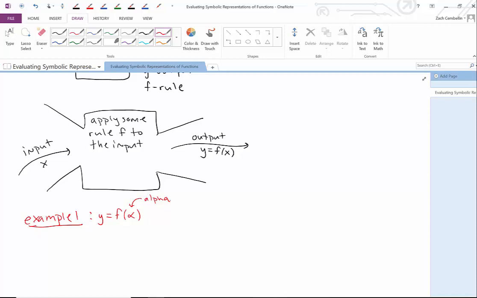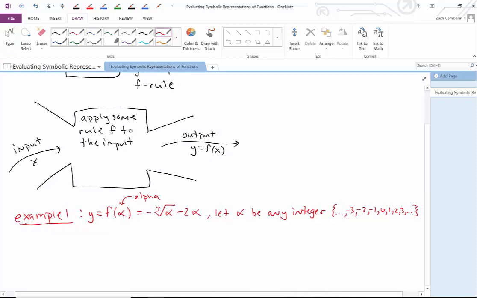Let's let this function be, how about the negative cube root of alpha minus 2 times alpha. And we'll let alpha be any integer valued number. That is positive and negative whole numbers, including 0. All right, so that's what our alphas are, just to state it.